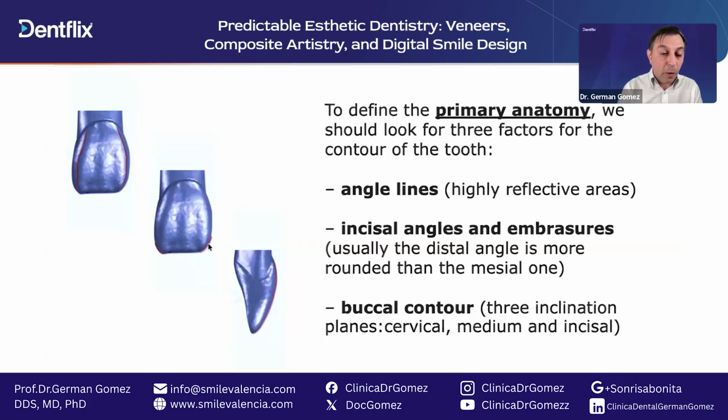So we have to just copy the other teeth with that. And then we have the 3 planes here: 1 plane in the cervical area, 1 plane in the middle of the tooth, and 1 plane in the incisal edge. So the tooth is not straight. That we call the buccal contour.